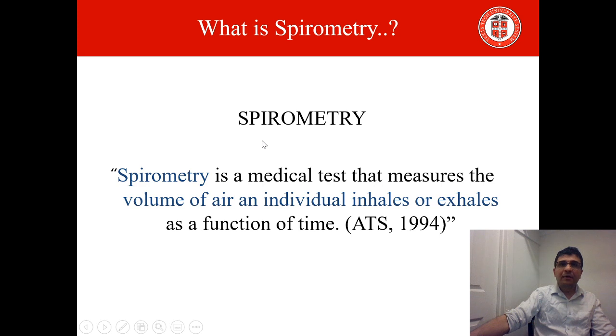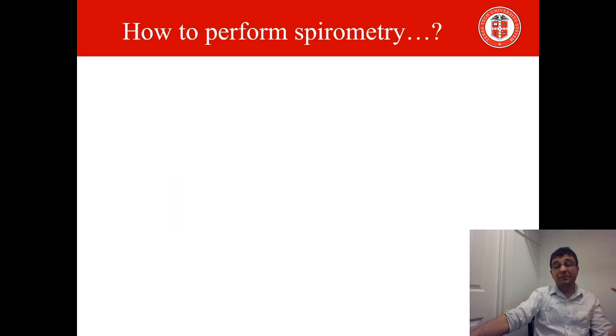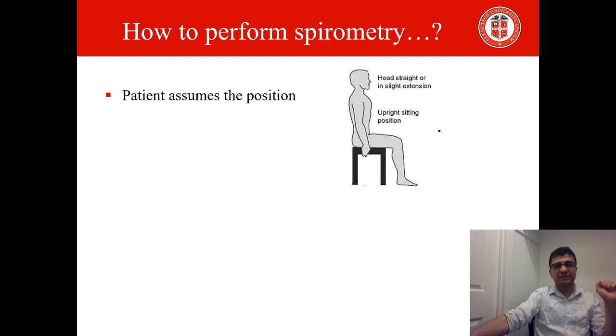So spirometry is one of the methods of doing pulmonary function tests. Now in the next slide, I'm going to talk about how we do the spirometry. So the patient assumes a certain position. You can do it by standing, you can do it by sitting. Here, he has to sit straight, so there is no pressure on the diaphragm, which impedes the breathing capacity.